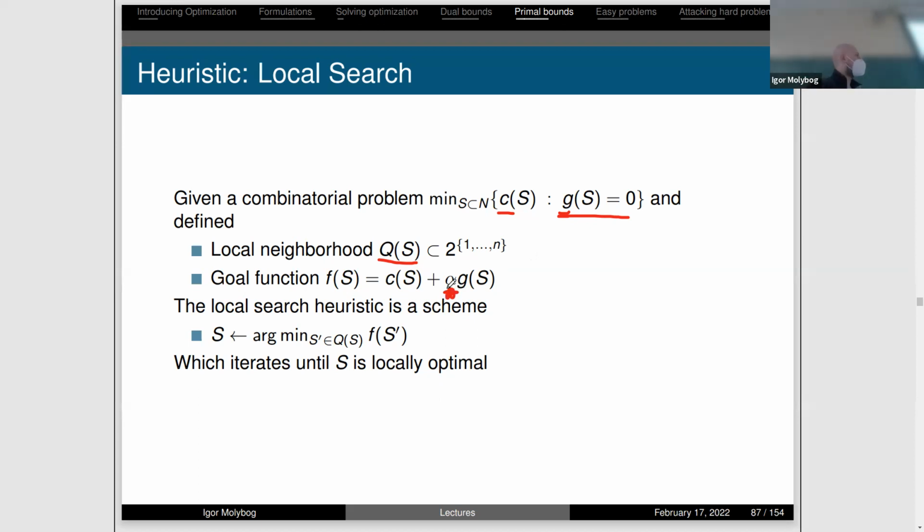But if you have found a feasible point and you would like to improve it, you can decrease this alpha so that your solution is still a feasible point, but a better one, because you're taking care of the objective function in the goal that you're trying to optimize. Any questions regarding the setup that we are operating in?